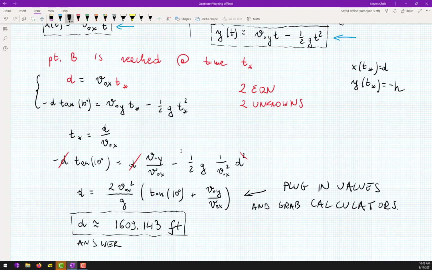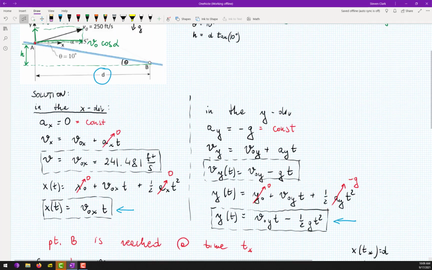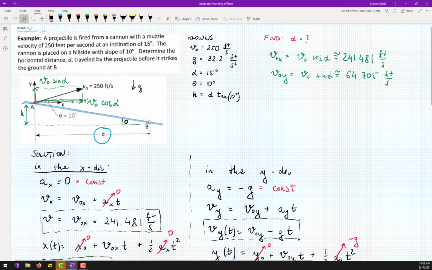Okay, questions? Sure, that's a good question, because our coordinate system is placed here.